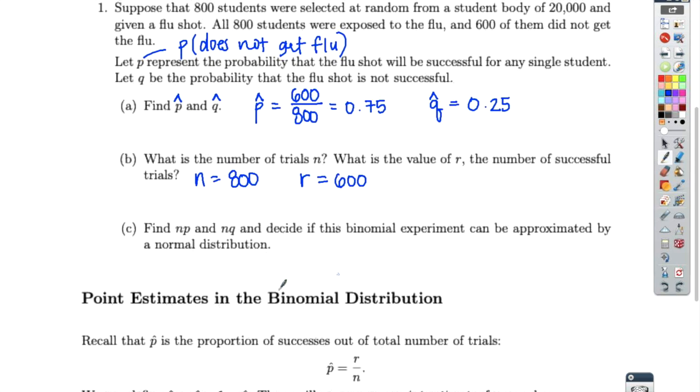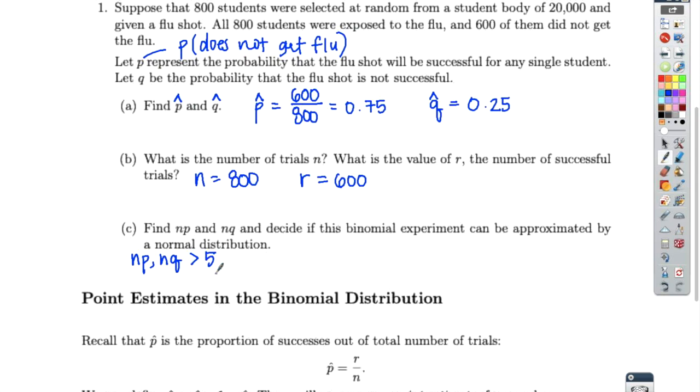Okay, last thing, find NP and NQ and decide if this binomial experiment can be approximated by a normal distribution. So if you recall back to chapter 7, we had to have a certain condition met to be able to approximate a binomial distribution by a normal distribution, and that was that both NP and NQ must be greater than 5.